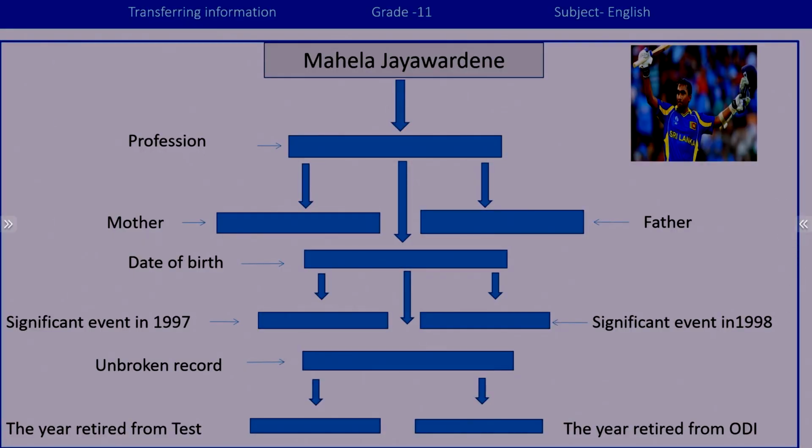First one, profession, you know profession, job, and mother, father, date of birth, significant event in 1997, significant event in 1998, unbroken record, the year retired from test, and the year retired from ODI, one day international.